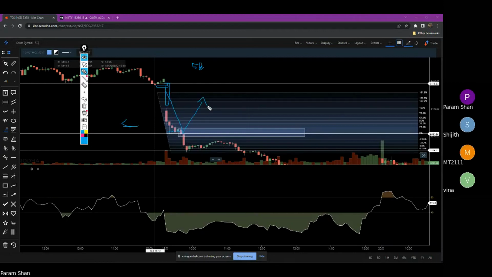That did not happen. If it is starting from here, this entire position might have moved a little higher. So when the price is coming here, definitely it will have a pullback and again break down, because this is our support. Whenever it reaches that support, it should take a pullback. If it does not have the strength, then the support will fail and it will break down again. Simple.